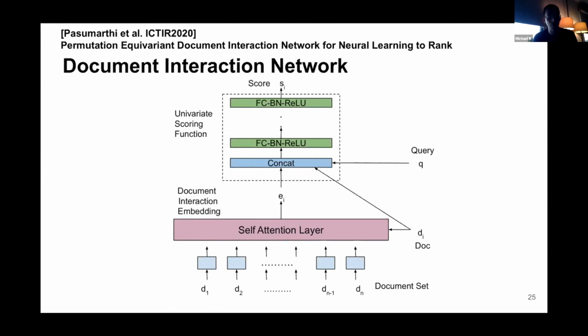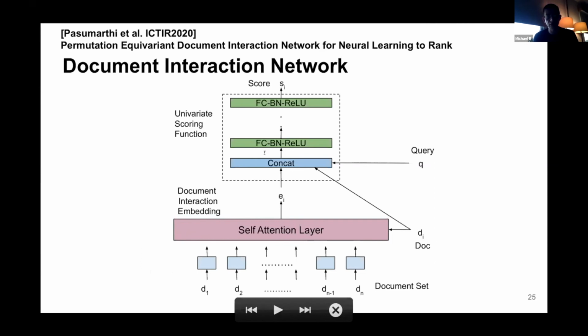So the way we model it in this framework is we have this document and we have this document set. The document set is the set of all the other documents in the ranked list. And we create a self-attention layer that combines the document and the entire document set, including the document itself, which learns the attention between all the documents in the set and the document here.